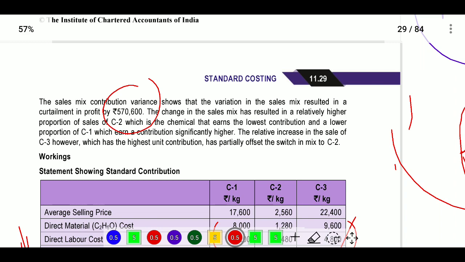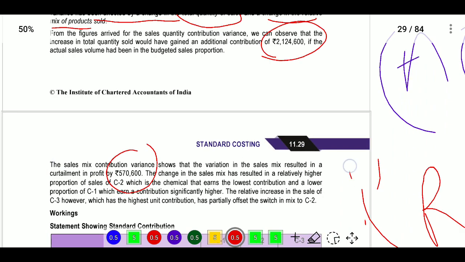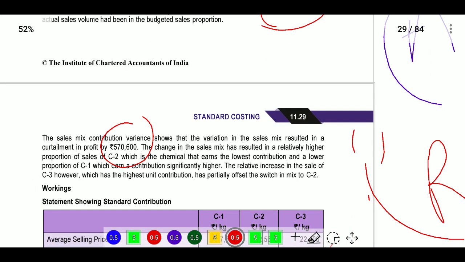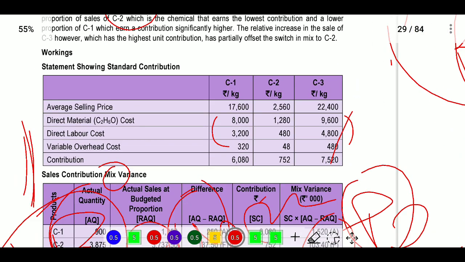So the change in the sales mix has resulted in a relatively higher proportion of sales of C2, which earns the lowest contribution, and a lower proportion of C1, which earns significantly higher contribution. Whatever we discussed here, we will write in points. Now contribution will be 6080.